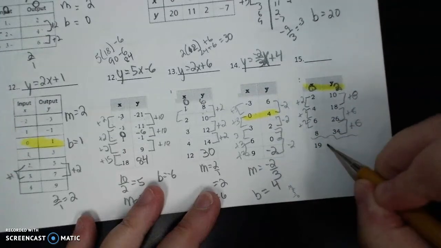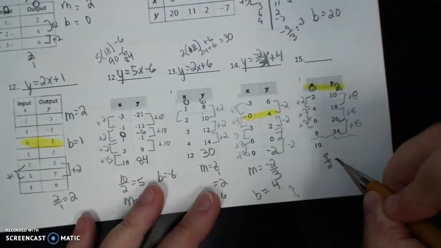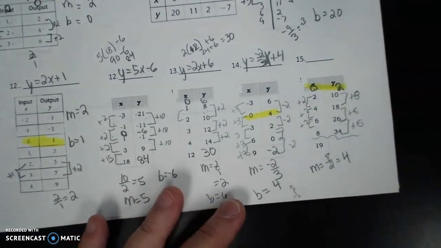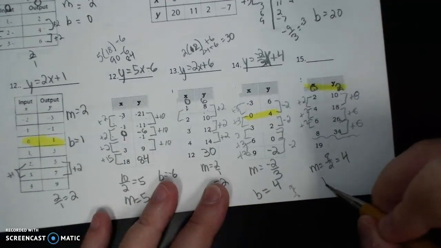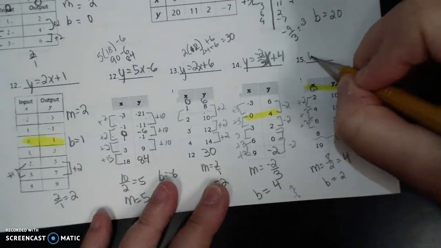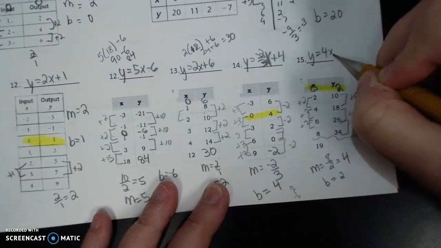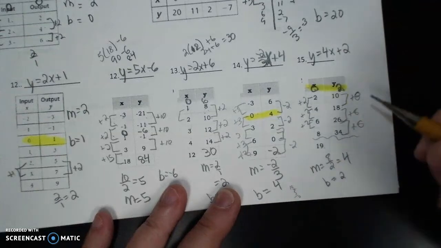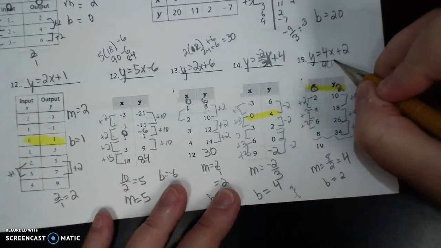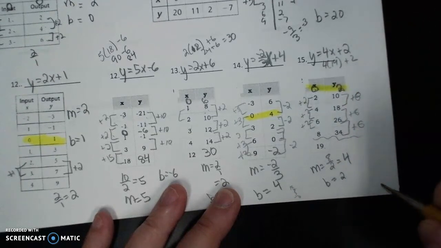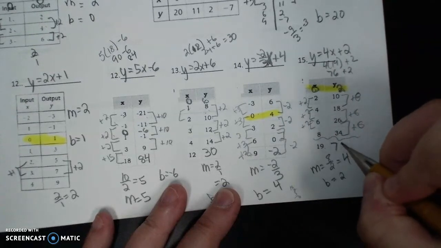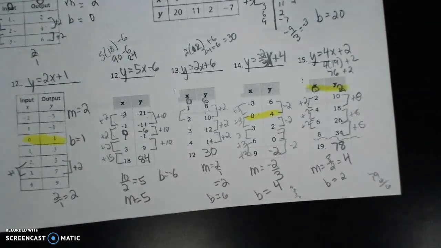That's 8 divided by 2, finding my slope, which is 4. B is 2, y equals 4x plus 2. Finding the value for 19, 4 times 19 plus 2: 76 plus 2, that becomes 78.